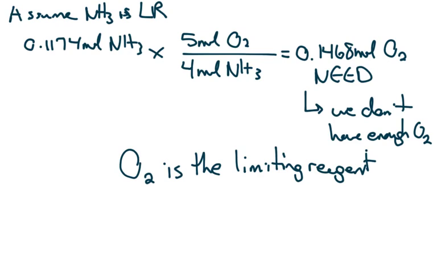So now, because our assumption was false, we need to actually figure out how much ammonia is left over, because ammonia is the excess reagent, some of it will be left over. So now knowing that O2 is the limiting reagent, we need to do another mole ratio calculation to find out how much ammonia actually gets used up.